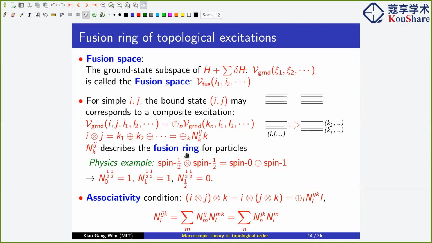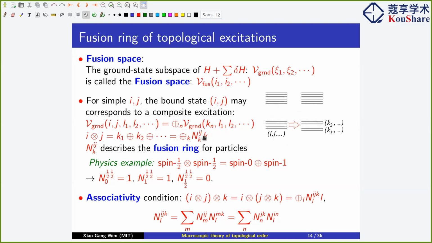We call this a ring because this kind of object can have a product operation, and also a sum operation, the sum being this direct sum, composite operation. The product is a fusion, and then we have this operation describing their bound states.